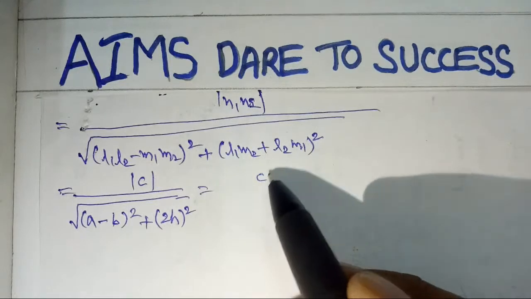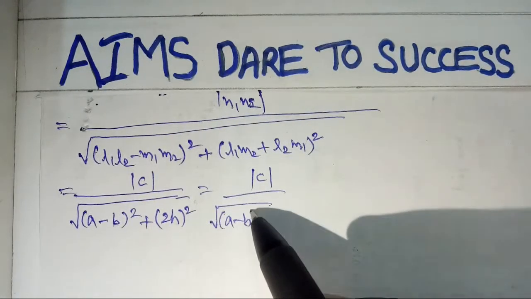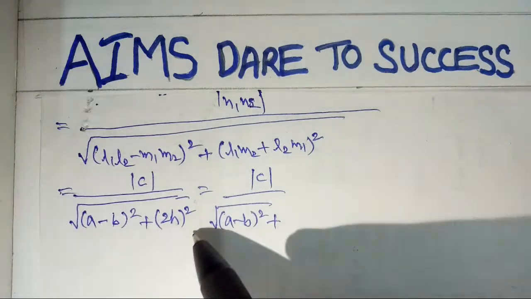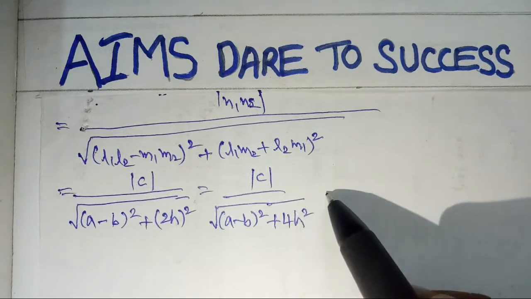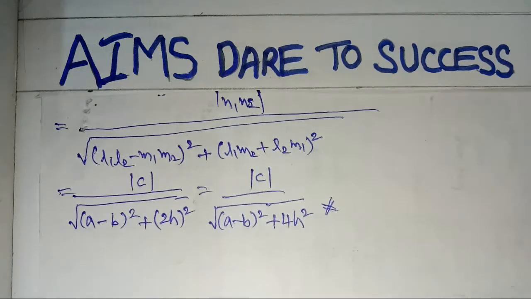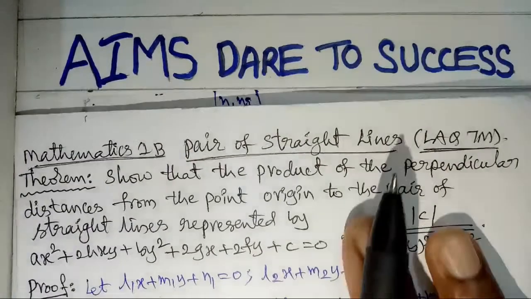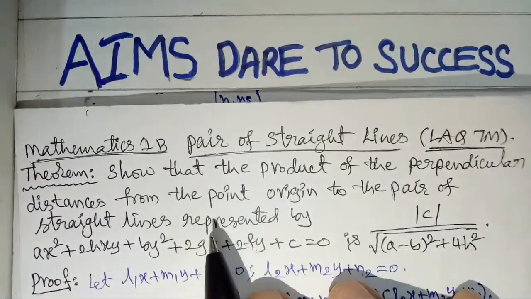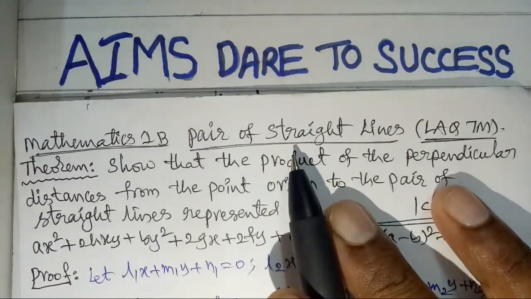So mod C divided by root over A minus B whole square plus 2H whole square, which is 4H square, is the required answer for this problem. Okay, for this theorem, as you wish, the theorem or problem.